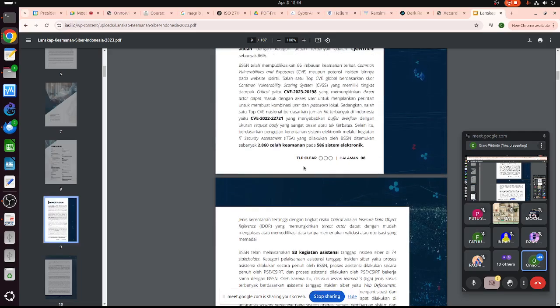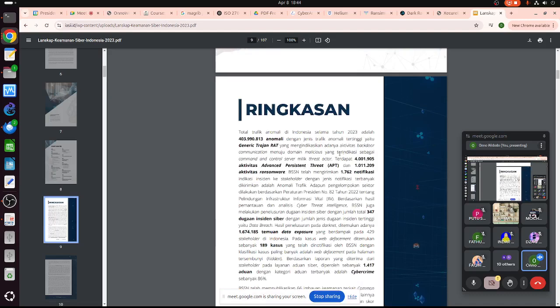Trend in, okay. See this? We have 4 million advanced persistent attacks. We have 403 million anomaly traffic. See this?